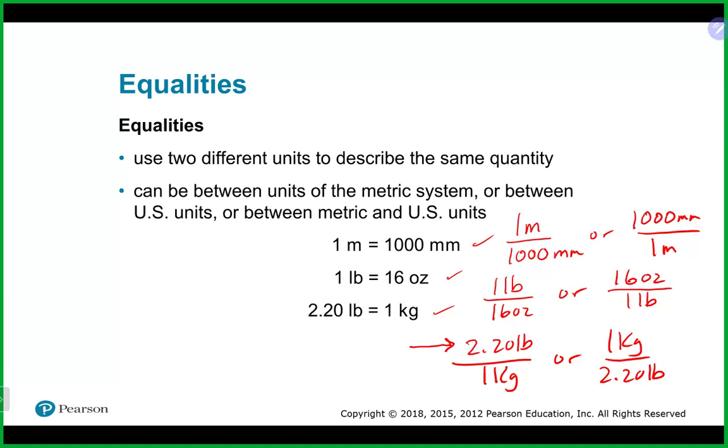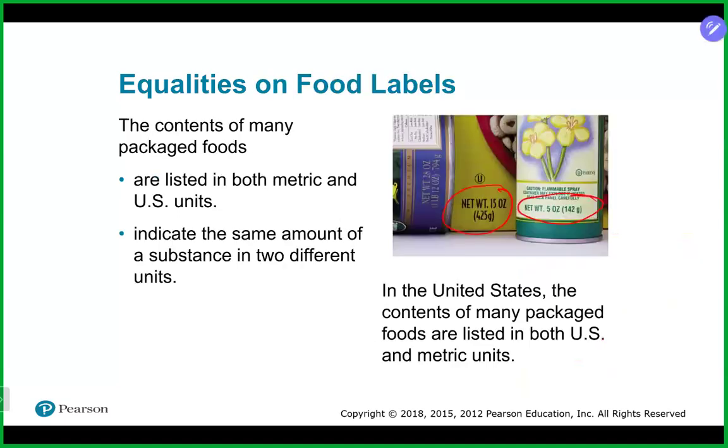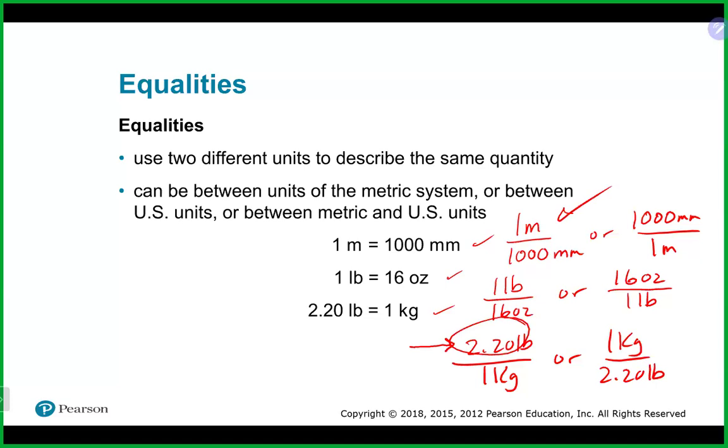So if we were to use this one in a conversion or a problem that we're calculating, we would want to take the 2.20 into account in terms of 3 significant figures. We would not look at the 1 part of it because you'll always end up with 1 significant figure if you did that. So when you cross over metric to English, you want to look at the one that's the actual number in terms of your significant figures. This guy here, you don't have to worry about it, because, again, it's a metric to metric or English to English type of conversion.